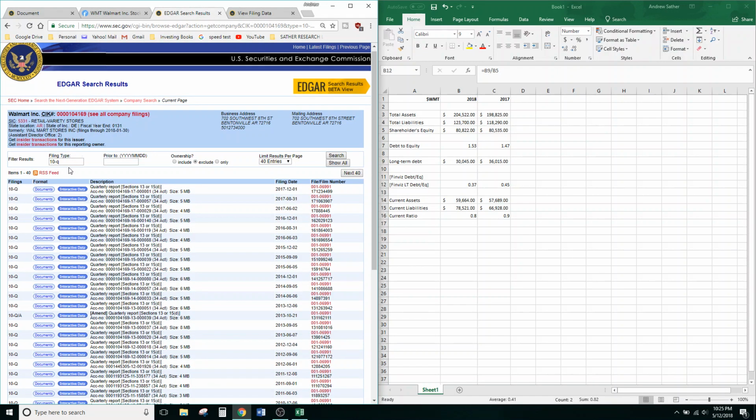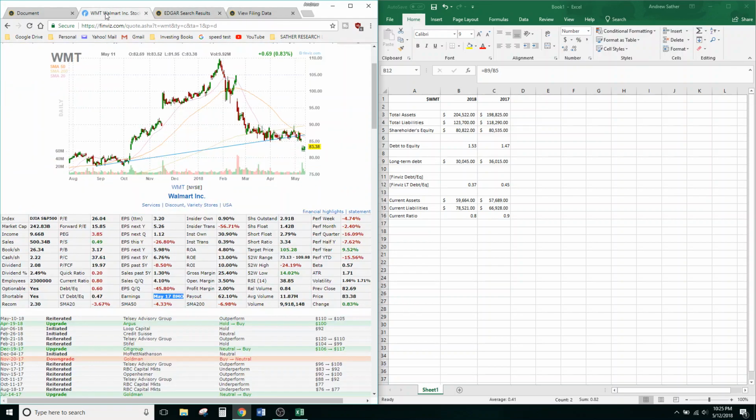And according to Walmart, they do a 10Q every June, August, and December. So they should not have a new 10Q until June. So I'm interested to know how they came up with that.